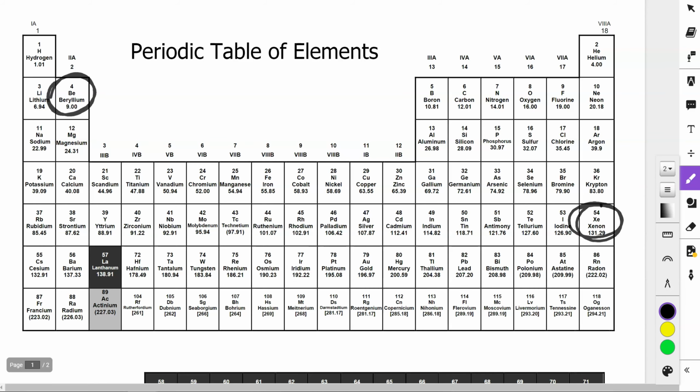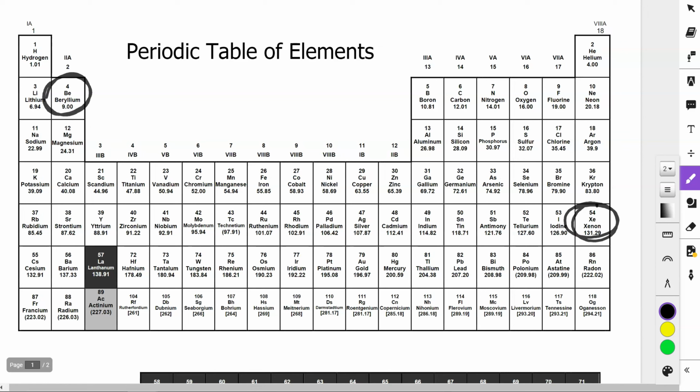Those electrons are going to have to go someplace, and they have to go around the nucleus. So you've got your nucleus in the middle, of course, but then all of these electrons are going to be in certain areas around the nucleus, and these areas are rather specific in shape.